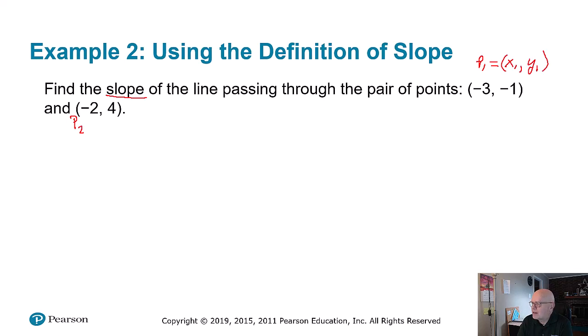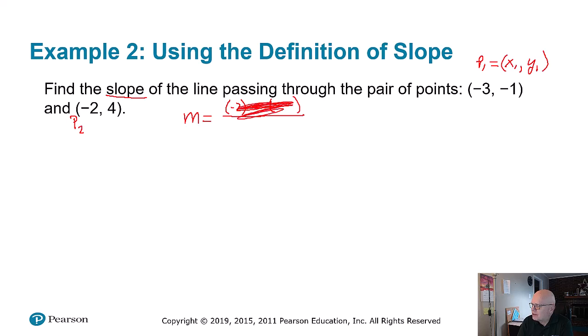Now how do we find the slope? Remember I said the slope is usually represented by the small letter m. We're going to subtract the y's on the top, and we're going to subtract the second one minus the first one. So it's a -2 minus, and over here we've got a -3, oops, -1.